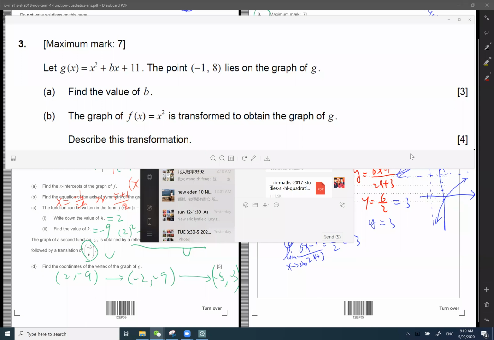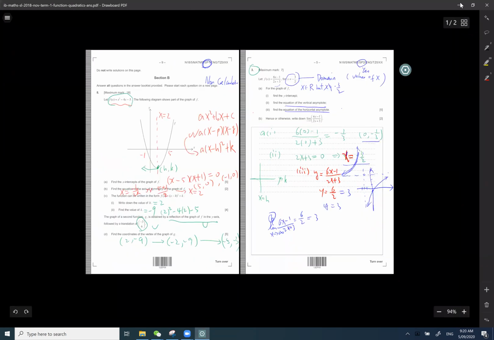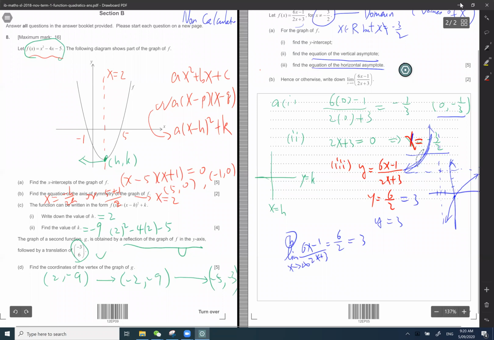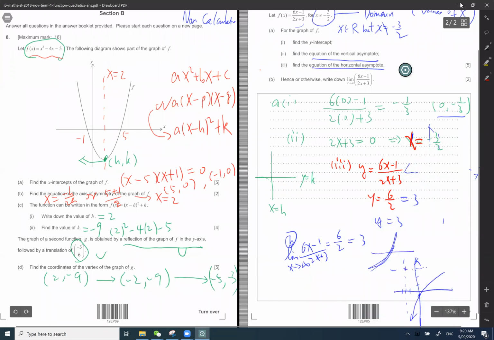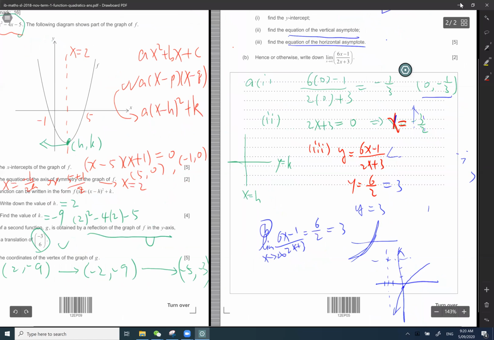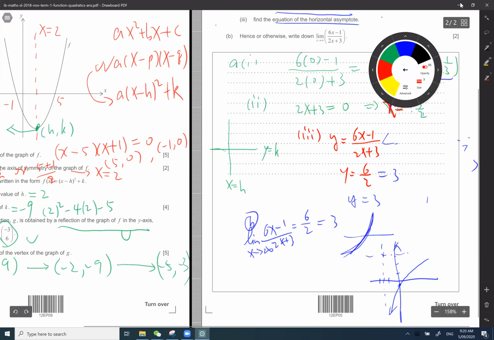Limit just means, I'll show you again what the meaning of limit is. Limit is about if x is getting larger and larger, how about the y value? For example, here is our graph, the right one.